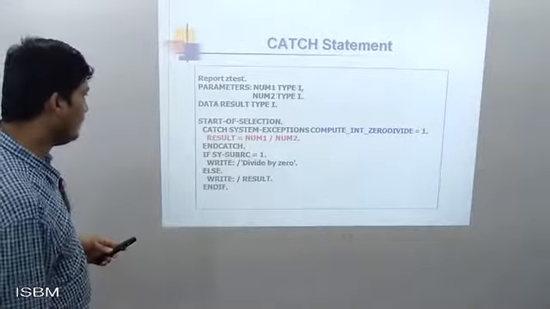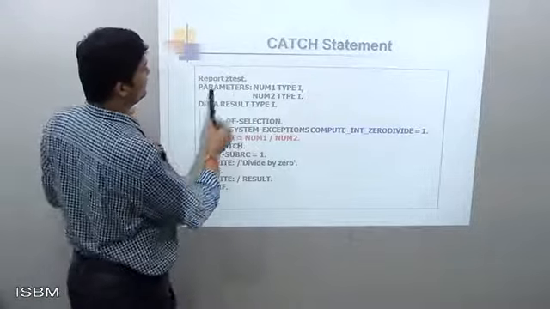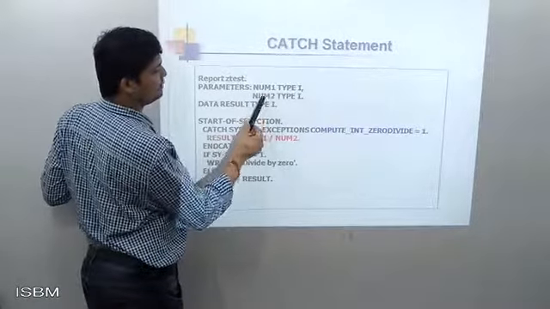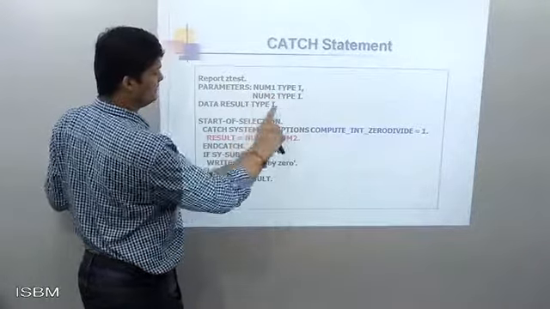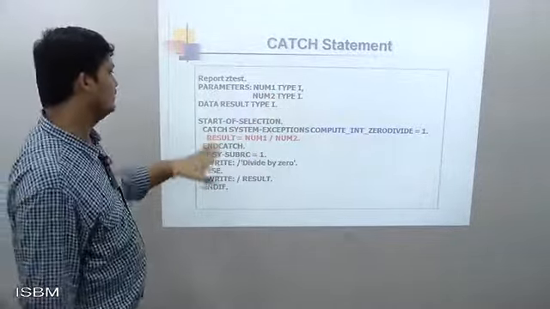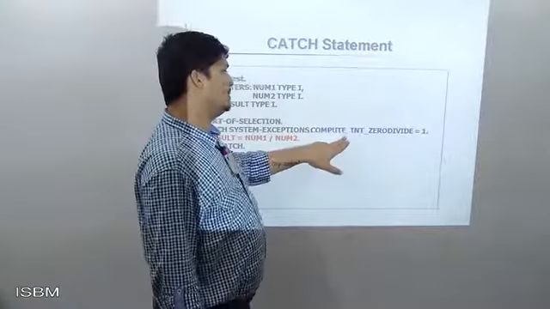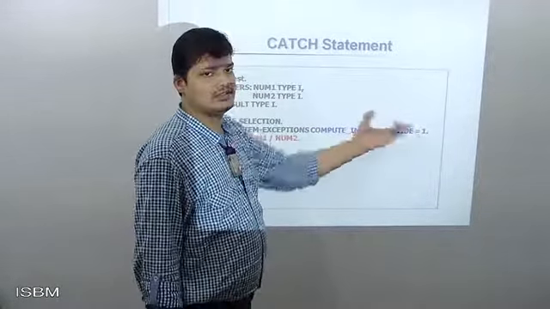Next, the catch statement. REPORT gtest, PARAMETERS: I have taken two values, num1 TYPE I, num2 TYPE I, and the result. Then START-OF-SELECTION. CATCH SYSTEM-EXCEPTIONS compute_int_zerodivide = 1.